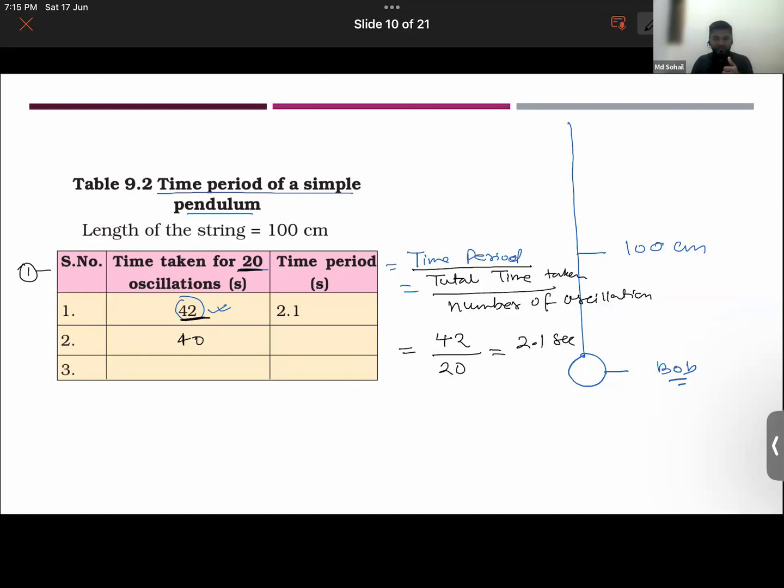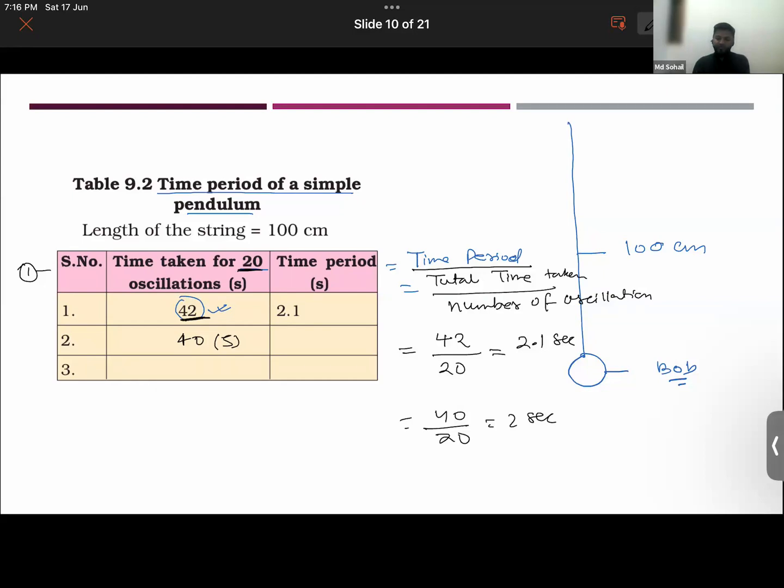In the other reading, I found that it took 40 seconds. Then what is the time period going to be in this other reading? 2 seconds. Very good. That is 40 upon 20, that is 2 seconds. So this is how you can simply calculate the time period of a simple pendulum.